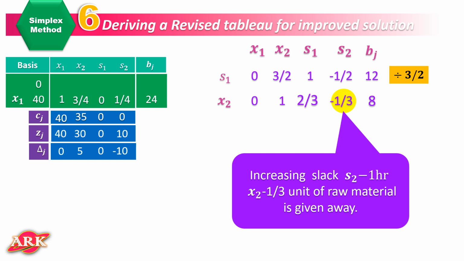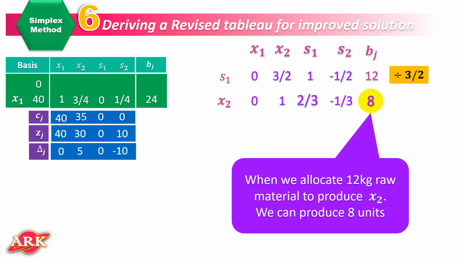That means one X2 product requires 3 kg of raw material which is processed for 3 hours. That means 1 kg of raw material needs 1 hour of processing. If we give away or leave unused 1 hour of manpower, then automatically this leads to giving away 1 kg raw material, that is represented in the form of minus 1 by 3.